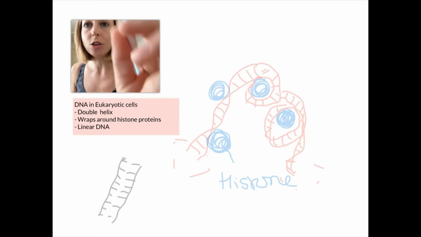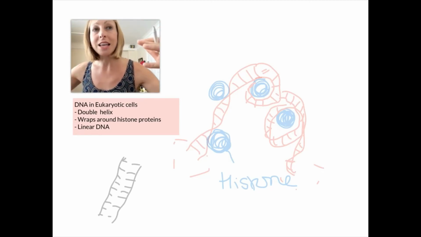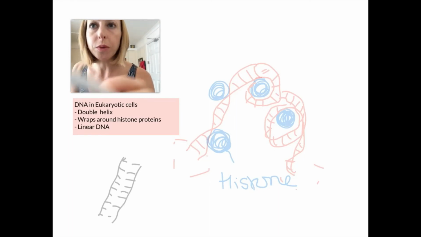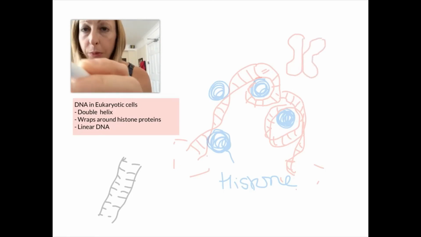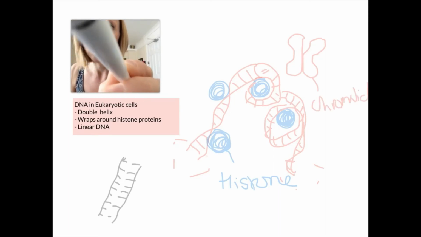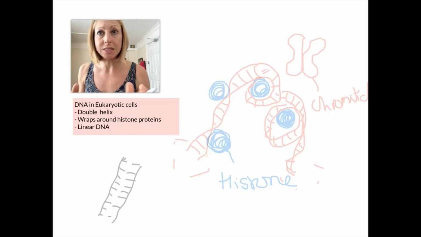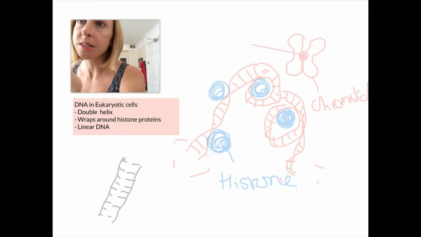Now, once the DNA is supercoiled, it will actually appear in the nucleus as a chromosome, and this only happens just before cell division. If we have a look at a chromosome, you'd have learnt the structure at GCSE. It's made up of two chromatids joined together in the middle by a centromere.